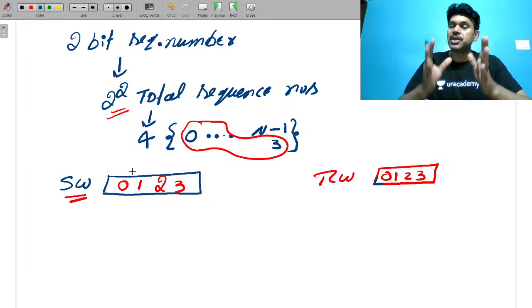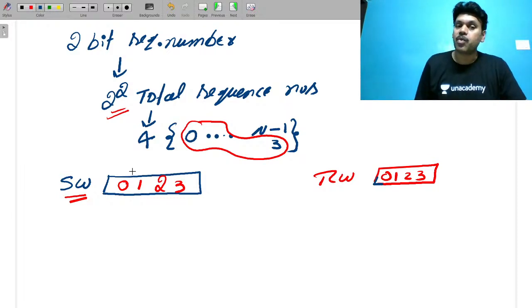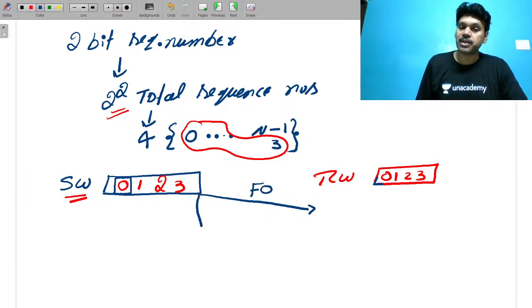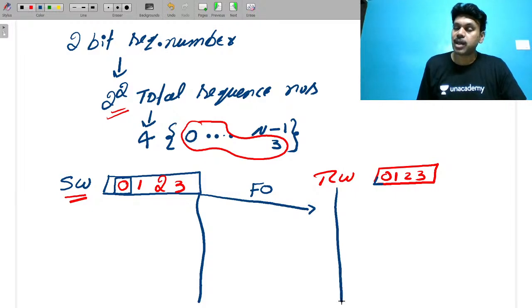Your sender window has three parts. One part is the buffer, the other part is the outstanding one, and the other part is the currently transmitting one. Please observe carefully. Now I am pushing frame 0. When you push frame 0 from the sender to the receiver using the transmission time, it has to be acknowledged by the receiver.